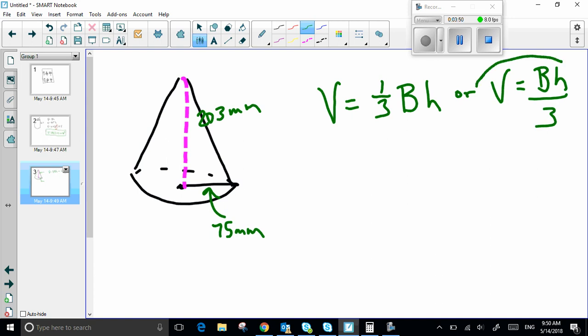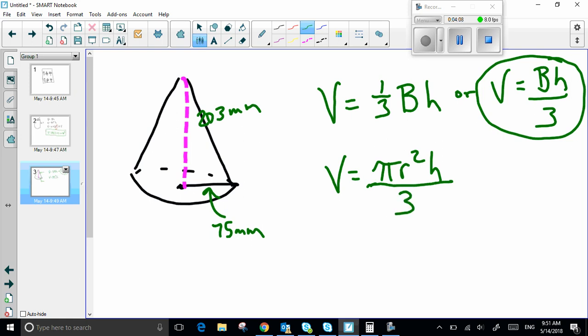I'm going to use this one this time. I'll find the area of the base, which is still pi r squared, multiply times the height, and then divide by 3.